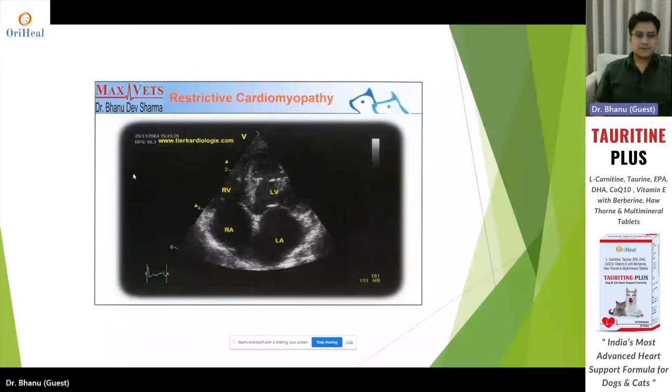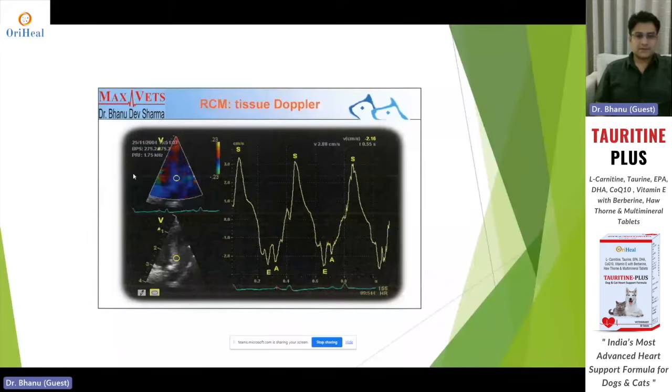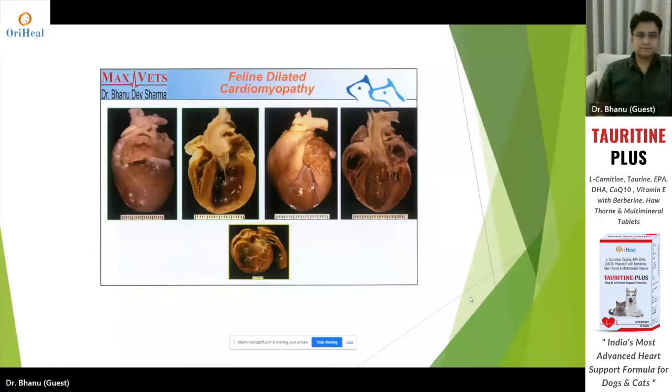This is the zoomed image of the same systolic S wave, the E wave, A wave. This is tissue Doppler velocity imaging. I hope RCM was clear.